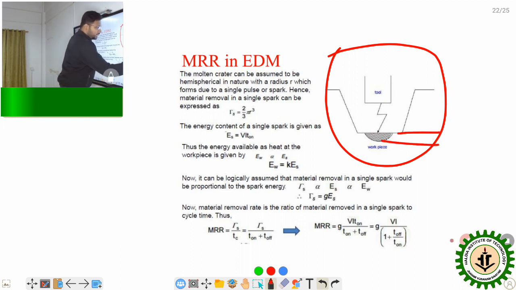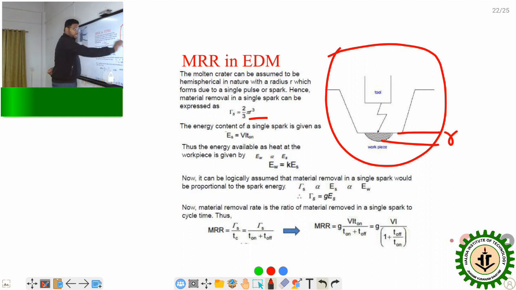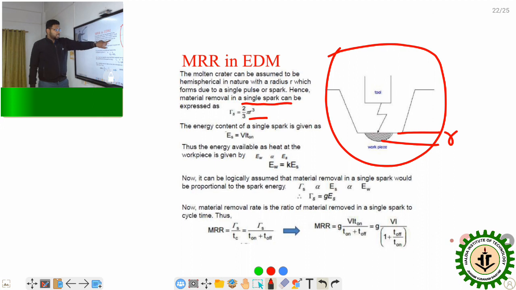You can assume the radius of the cavity as R. We can calculate the volume of this cavity: it is 2/3 pi r cubed, where r is the radius of the cavity, due to the single spark.